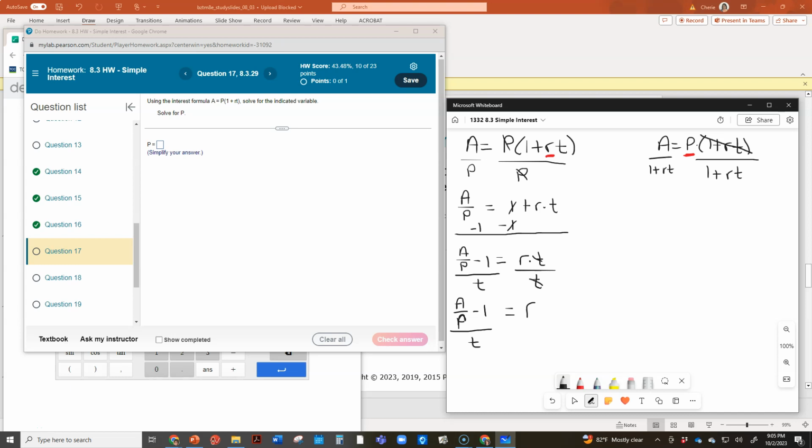And when I do that, this 1 plus RT and this 1 plus RT divide out. P is by itself now, and the formula for finding the principal is the total amount divided by 1 plus RT. And that would be what you would type in right there.